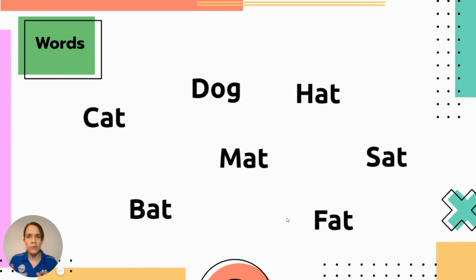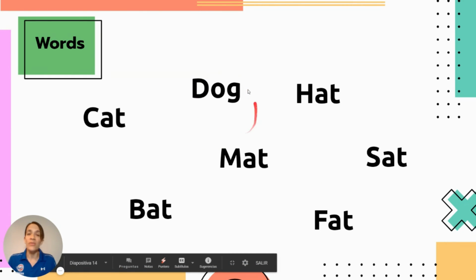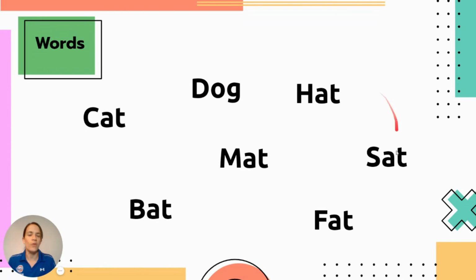So, hold on. I have spotted a word that is not part of this pattern. Can you tell me which it is? Yes, dog. The word dog doesn't correspond to this pattern of words, right? It doesn't end with A and T. So, good job.